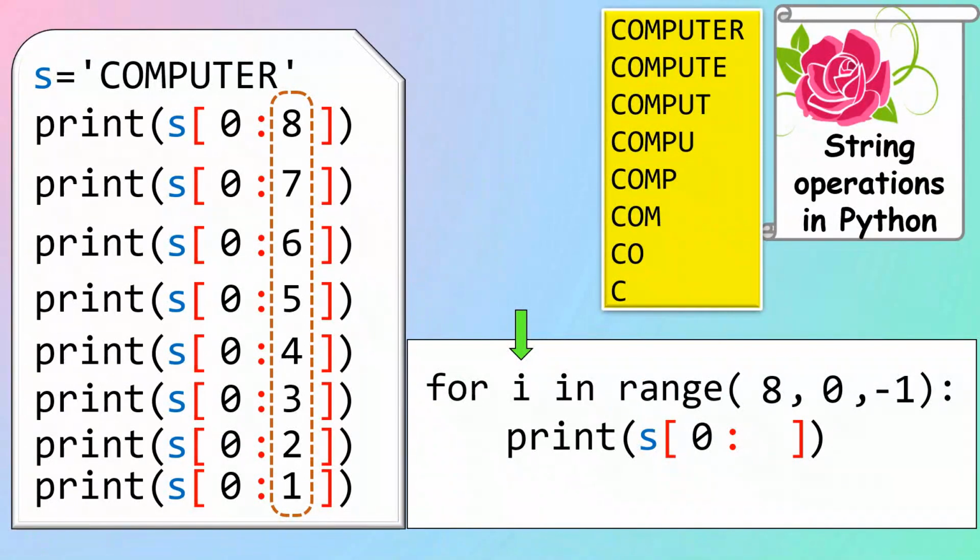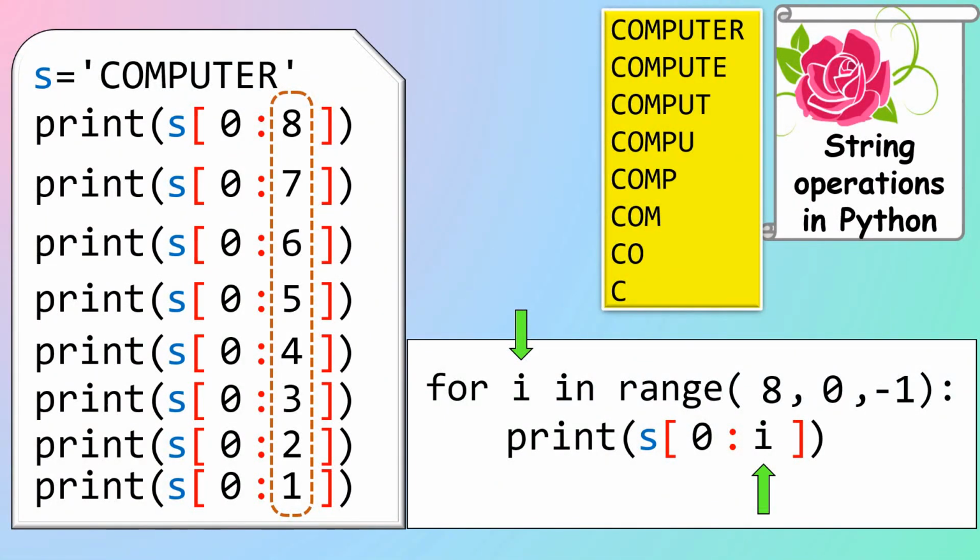So in the print statement, print S within square brackets 0 colon, and for the stop index value, you should give the counter variable I, because I takes the values 8, 7, 6, 5, 4, 3, 2, 1.